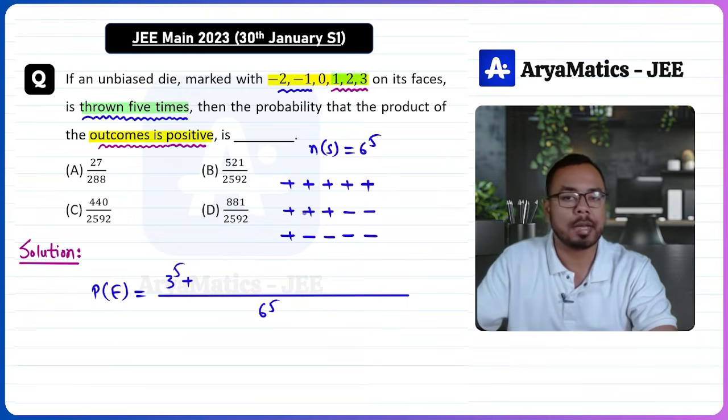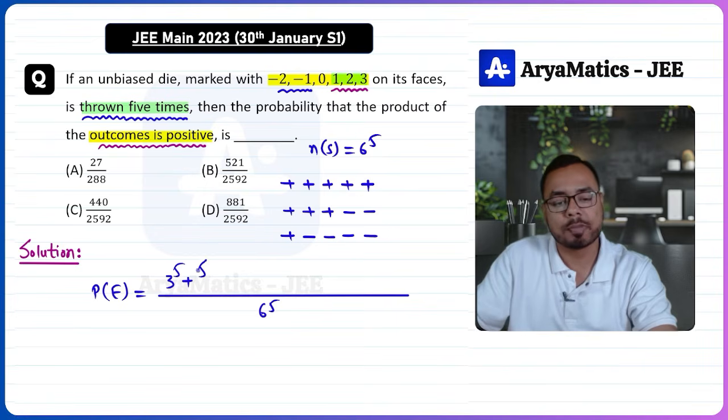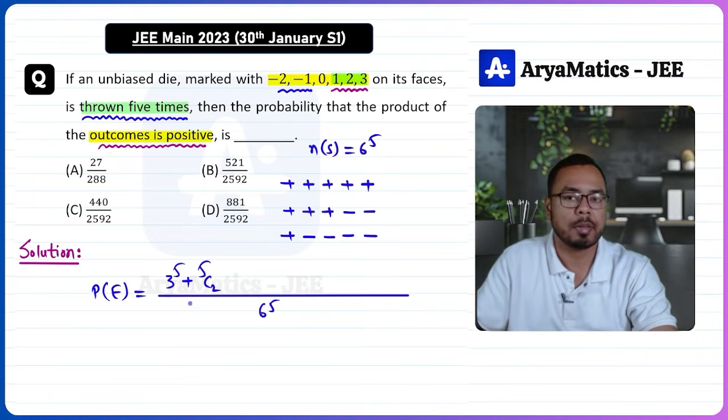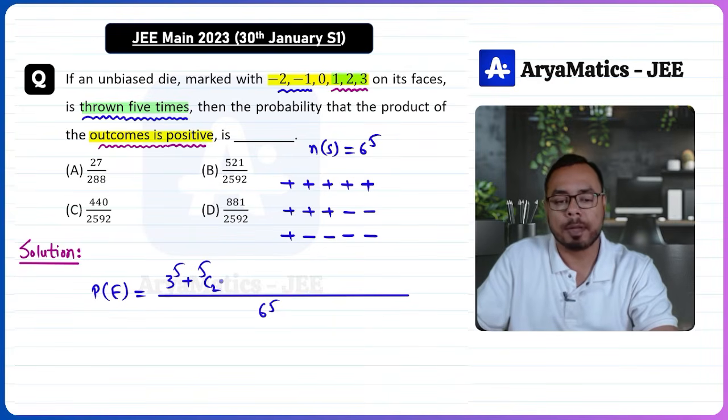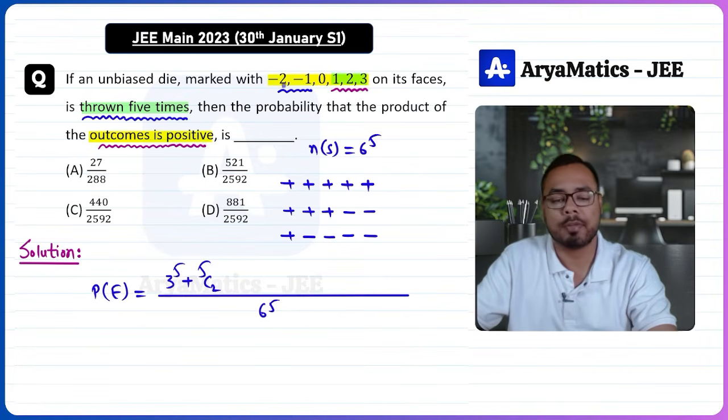The second possibility is that any 2 are negative and the remaining 3 are positive. So first select any 2 outcomes, right? 5C2 represents the number of ways, out of 5 outcomes, you can make any 2 negative. So 5C2 is the number of ways of selecting those 2 outcomes which will be negative, and the remaining 3 outcomes will be positive. Now negative also you can make in 2 different ways, right?